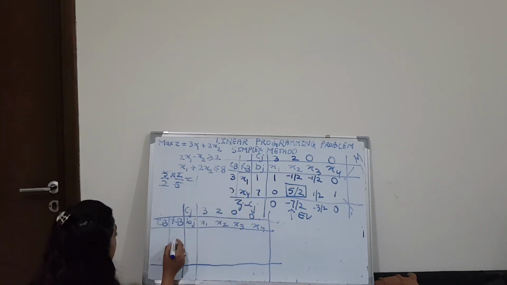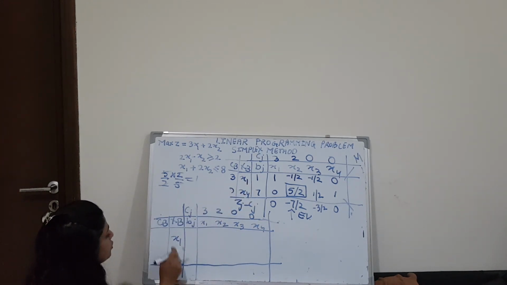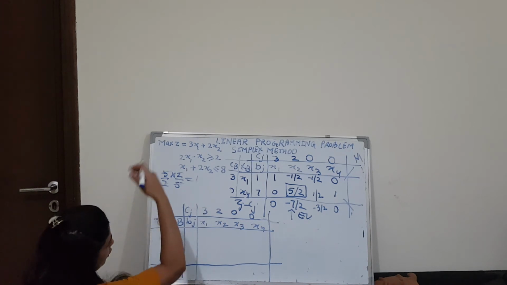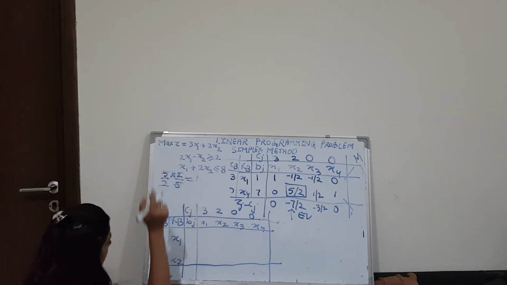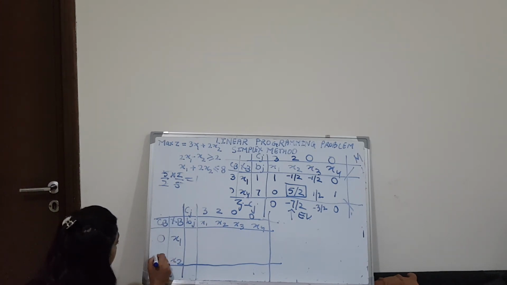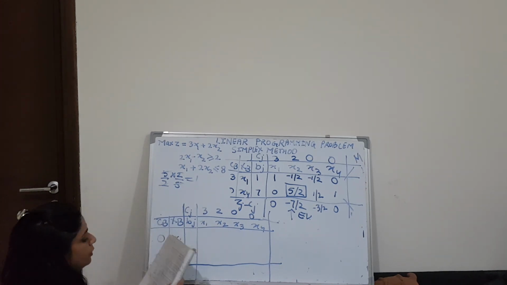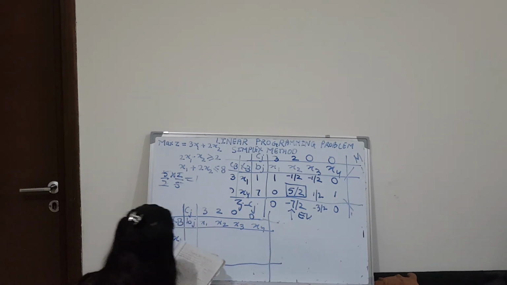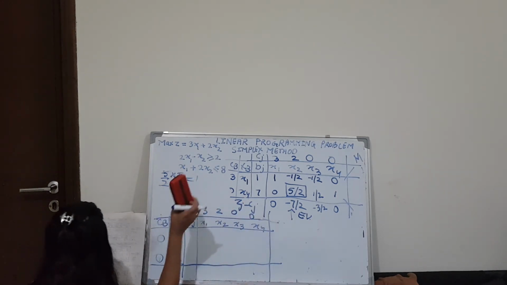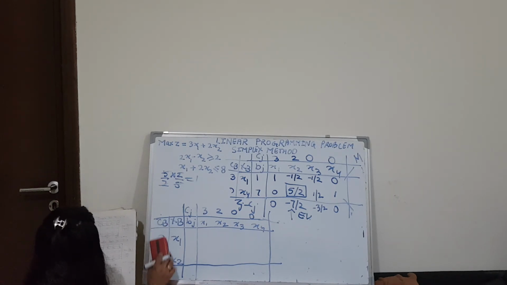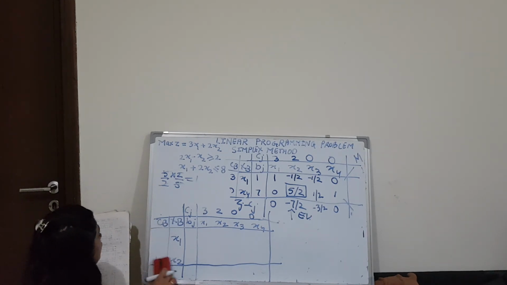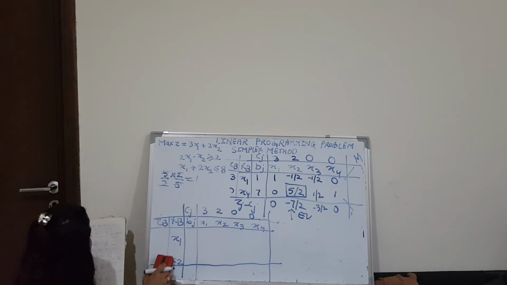This variable will be the same, x1. The coefficients of x1 and x2 we will write from the maximization Z equation. The x1 coefficient was 3 and the x2 coefficient was 2.